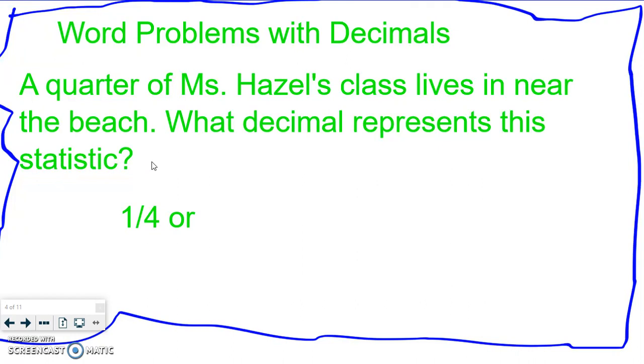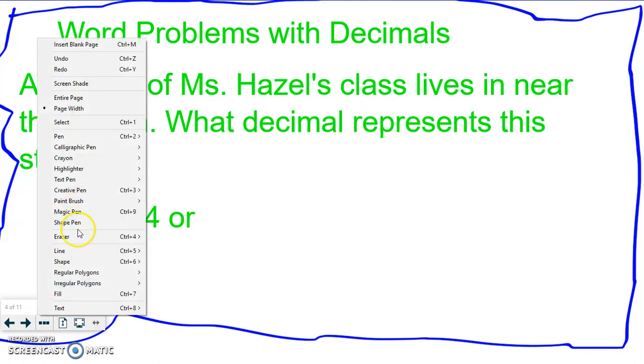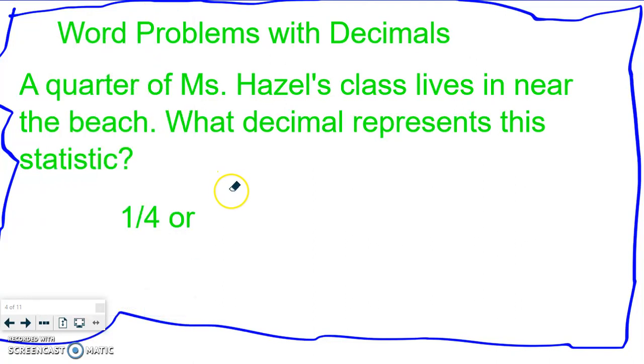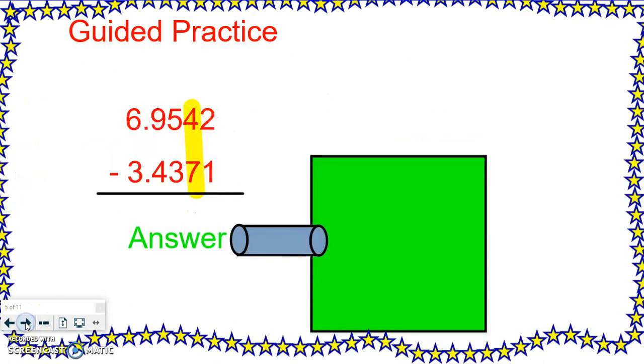If it's 1/4, yep, in decimal form, that should be put at 0.25. It's like a quarter of a dollar is going to be 25 cents. So you're going to get 0.25 of Miss Hazel's class. They live near the beach.